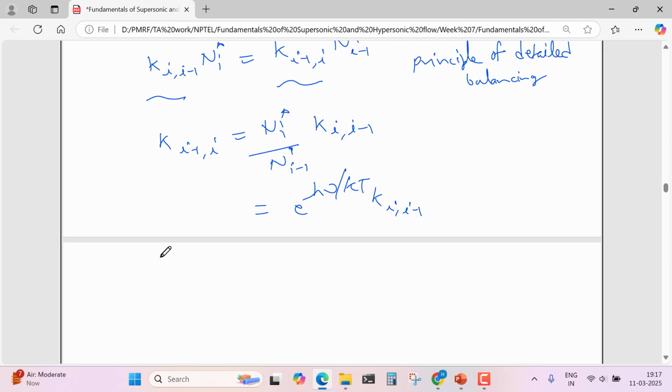Similarly, K(i,i+1) will be given by e to the power minus h nu upon kT times K(i+1,i).